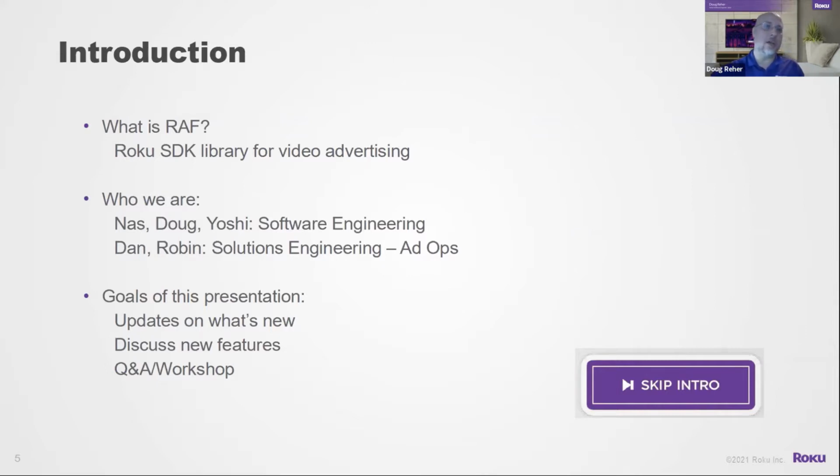It's meant to be a common tool set for developers who want to monetize their content. It supports a variety of different use cases, with several different features designed to facilitate ad tech on the Roku platform. Generally, the main goal of this is to make developers' lives easier.